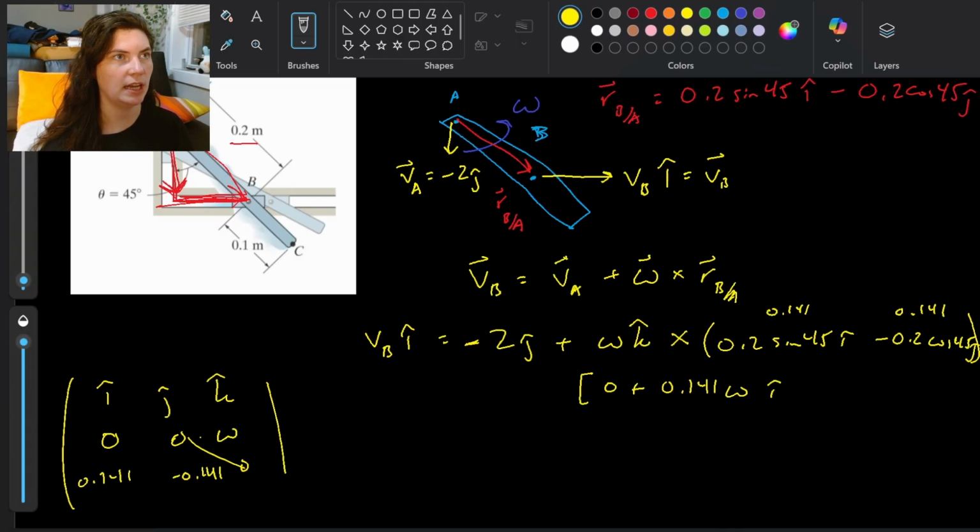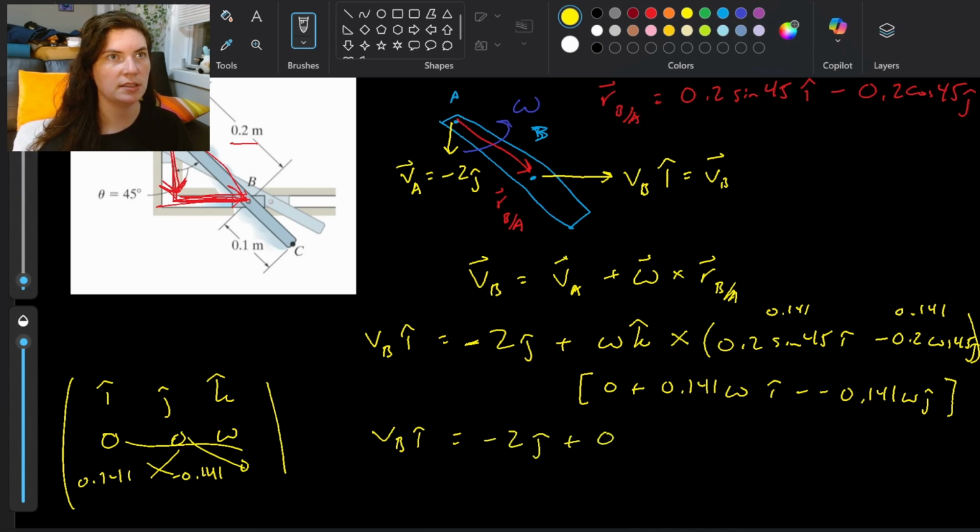Then we do our j hat terms, so that's another 0, and then minus negative 0.141 omega j hat, and our k hat terms both go to 0. So if I write this out, I get VB i hat equals negative 2 j hat plus 0.141 omega i hat plus 0.141 omega j hat.